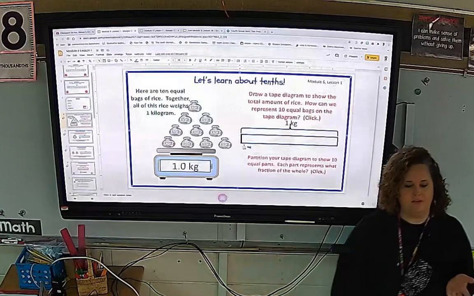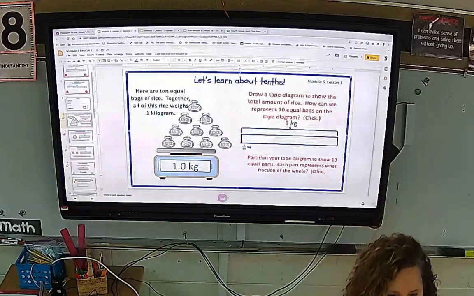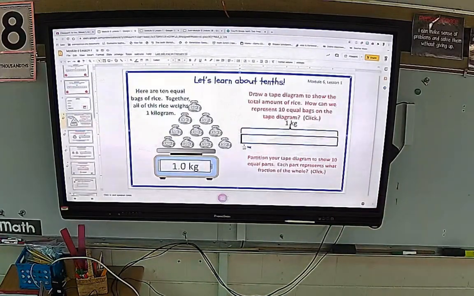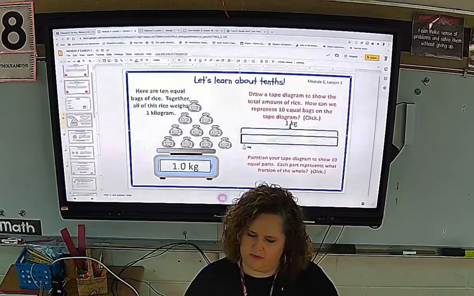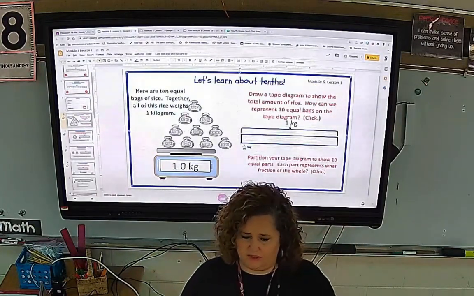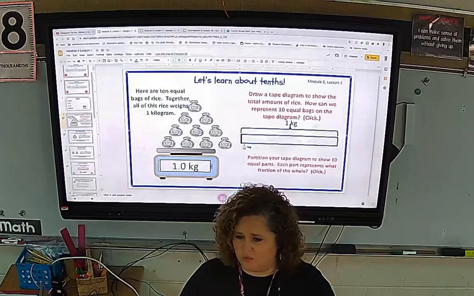Now, if I were to ask you, how can we show on our tape diagram the 10 bags of rice? Nobody's going to be drawing a bag shape. A tape diagram really only gets drawn one way, doesn't it?